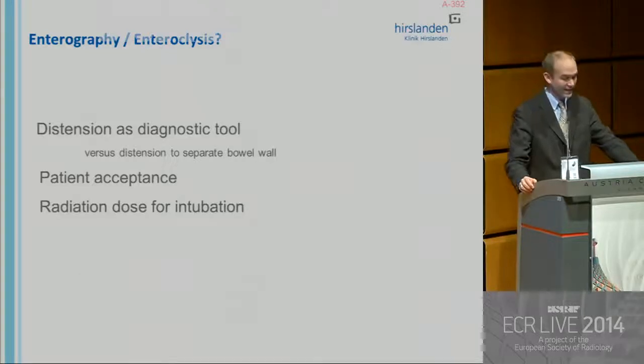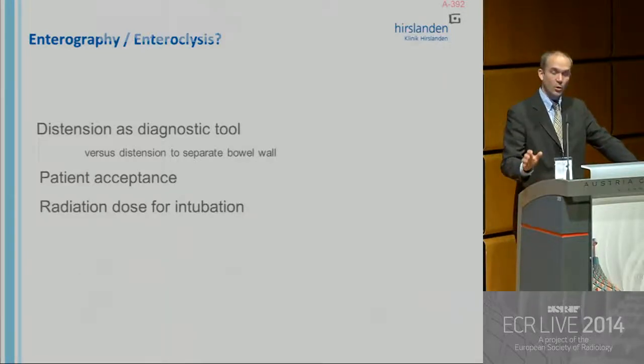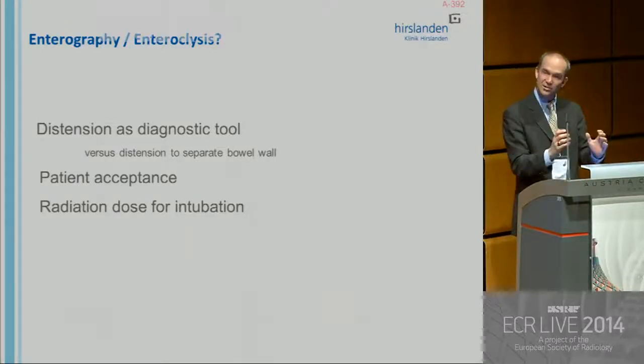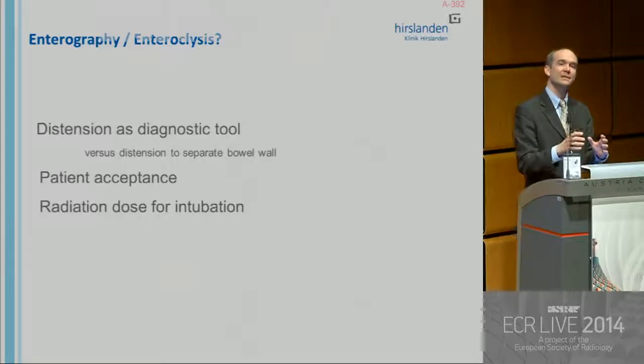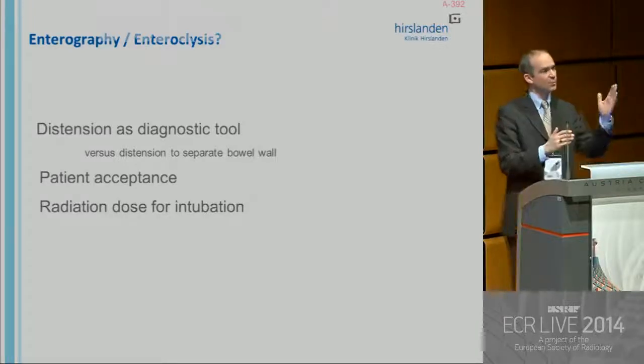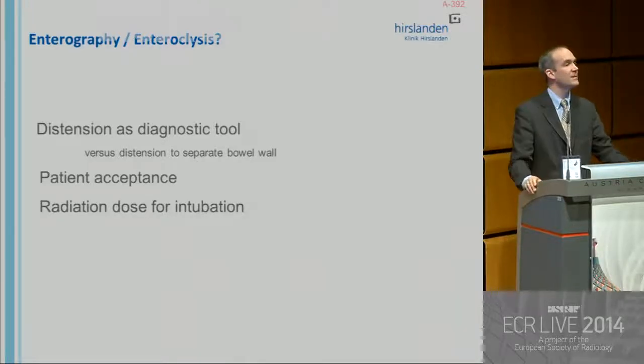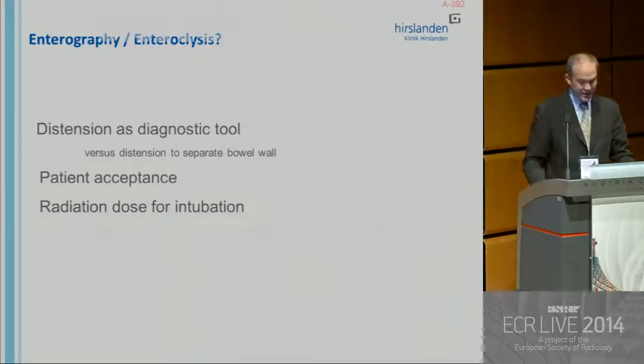What to use when. There's also a discussion about, do we really need distension to fill up the tube so that it's getting stretched? Or do we need distension to separate one side of the bowel wall from the other side, which are two separate things, actually.